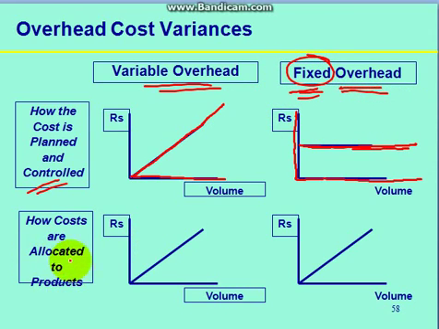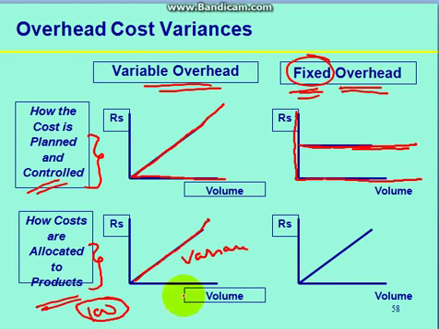And here is how the costs are allocated to products, and how the cost is planned and controlled. Here planning is done and control is done, but here the allocation is done. Here with the volume it also increases, so these are variable. But if the allocation is done already, for example you have to spend only 100, then with the volume the changes take place. As the actual production grows, the fixed overheads also grow.